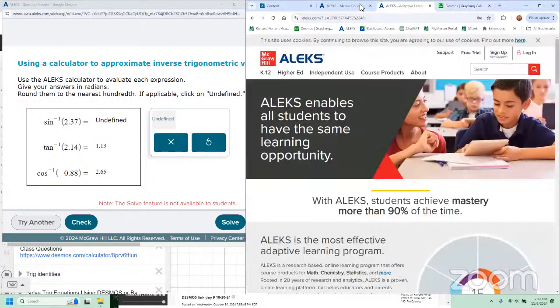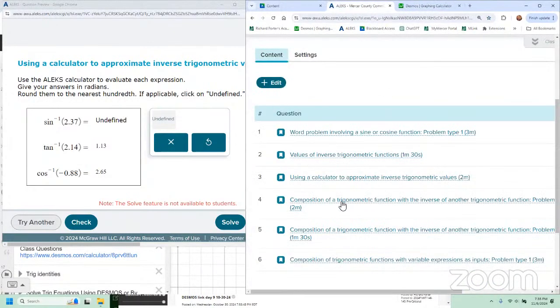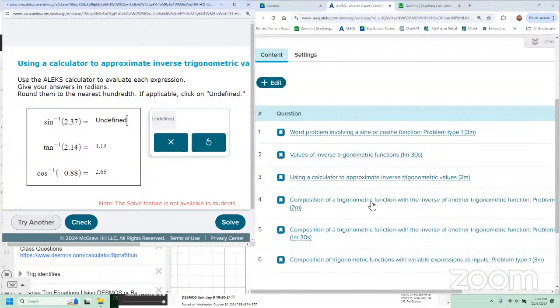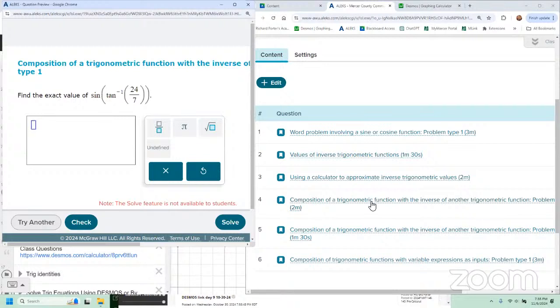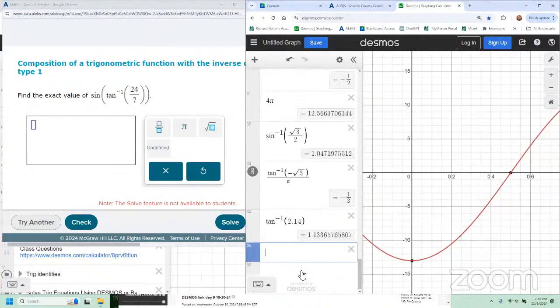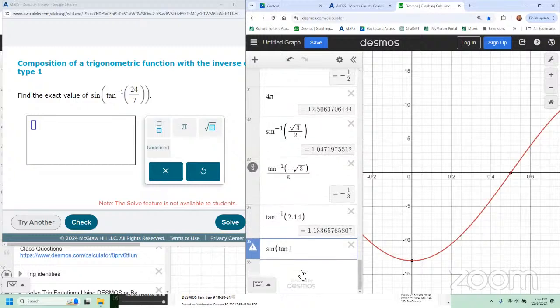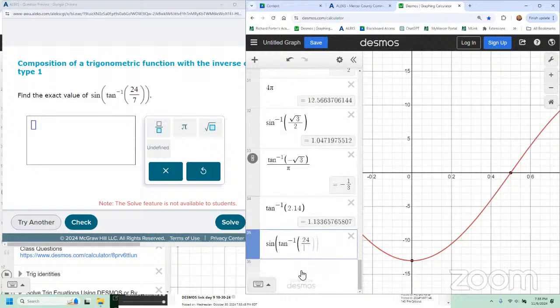All right. Another one of these. All right. Composition of inverses. Okay. So this one right here. Find the exact value of this. Again, I'm just going into Desmos and typing in exactly what I see. Sine of the inverse tangent of 24/7.